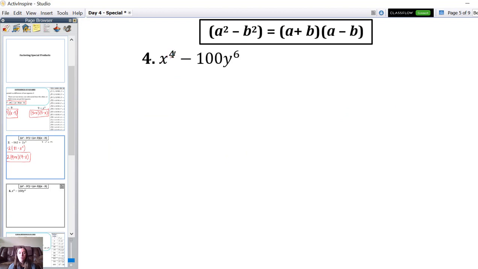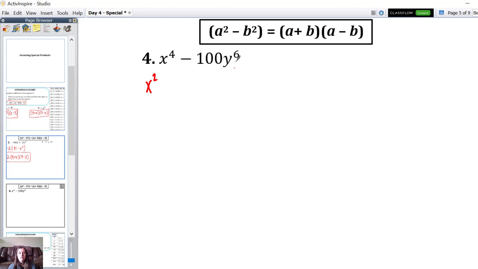Here we have x to the 4th minus 100 y to the 6th. All of these are perfect squares as well. I know 100 is a perfect square, and any variable with an even exponent, since it's divisible by 2, those are also perfect squares. The square root of x to the 4th is x squared.